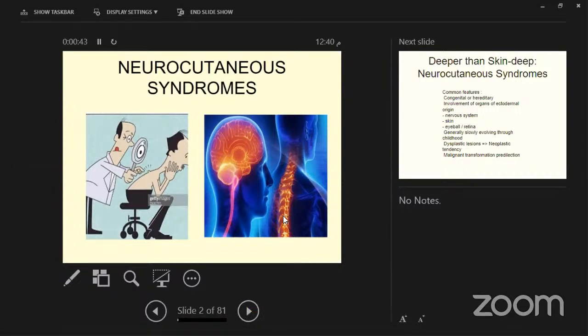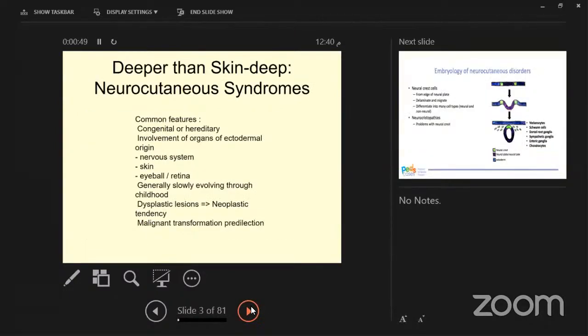Deeper than skin is neurocutaneous syndromes. The common features of these syndromes are that they are congenital or hereditary, with involvement of ectodermal organs: the nervous system, skin, eyeball, and retina.